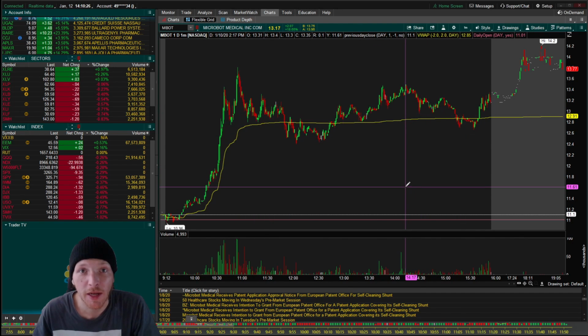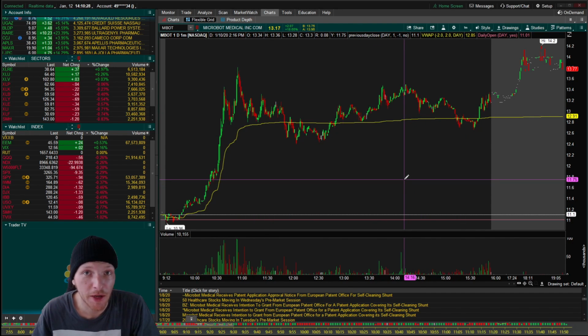Now when it comes to indicators in the stock market, really the only indicator that you're going to see me use is VWAP, because I'm more of a price action and volume trader. I don't really need, and no offense, I don't need RSI to tell me when a stock's oversold or overbought, when I can just simply look at the chart or use MACD and Elliott Wave.